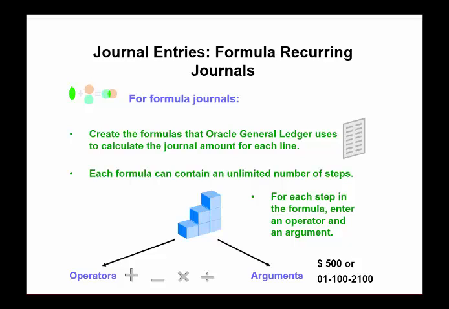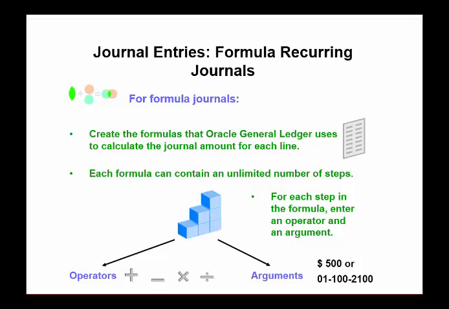Now this is just telling you how we write the formula and what is available through Oracle. You can add two numbers in the formula, you can subtract a number from the previous line, you can multiply, you can divide. It allows you to have a combination of these operators in your formula, and you can have any number of steps.